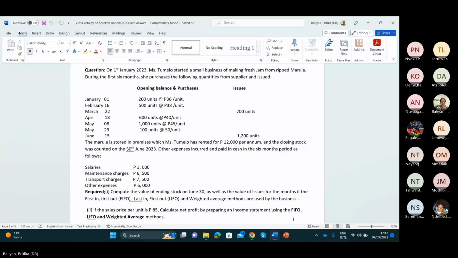So can anybody give me at least one advantage of using the LIFO method? Anyone can try one advantage of using the LIFO method.